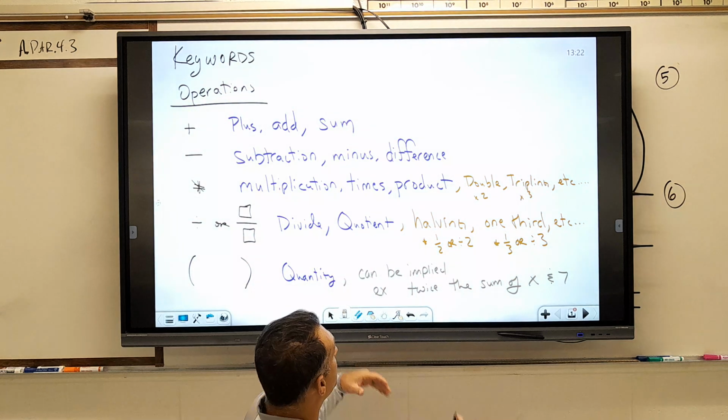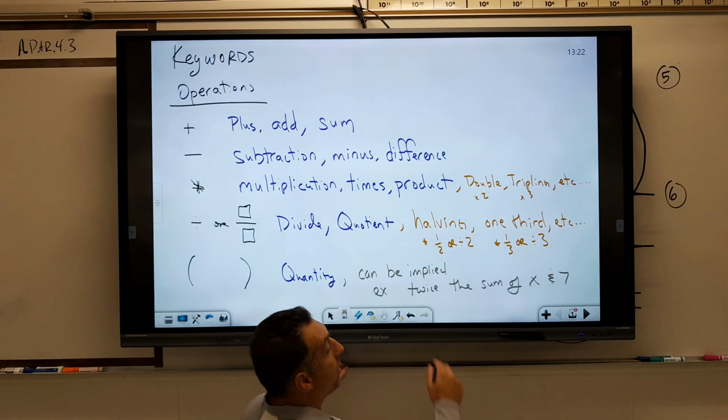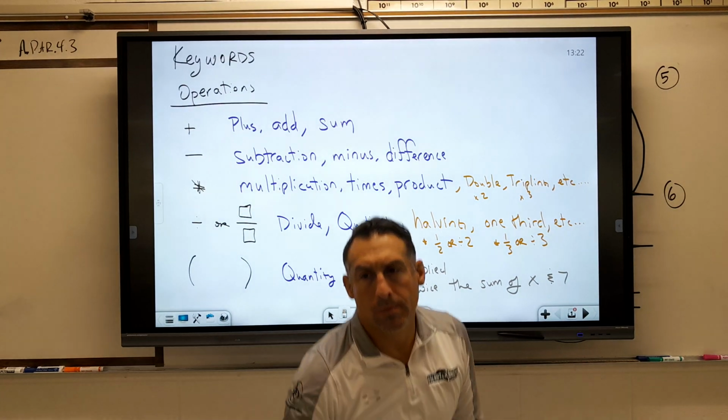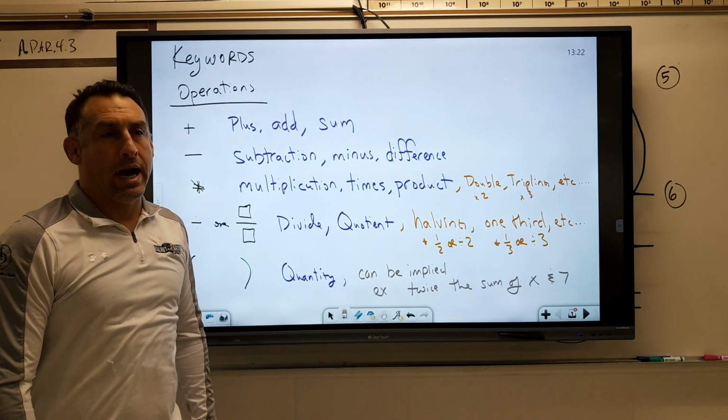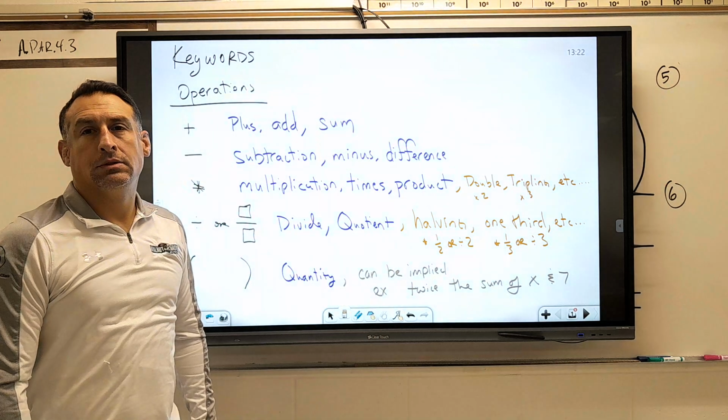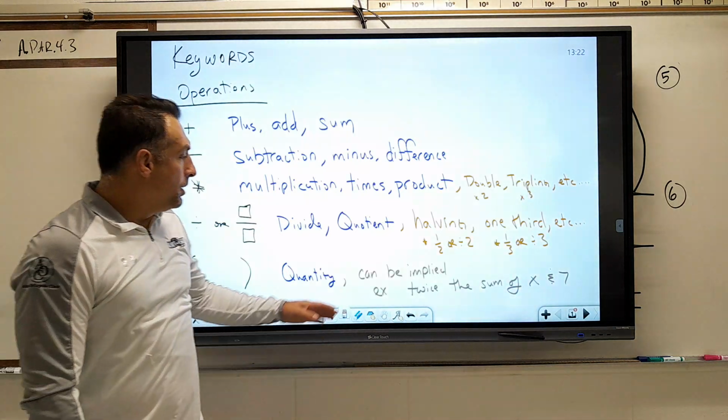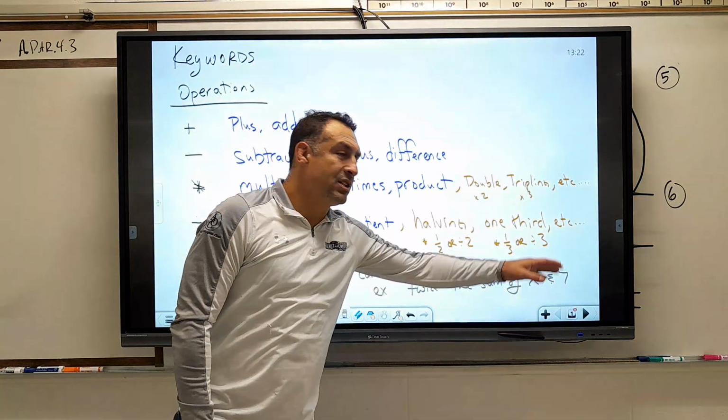It's understood because you're going to be multiplying what thing? Something. Twice the sum of x and 7.